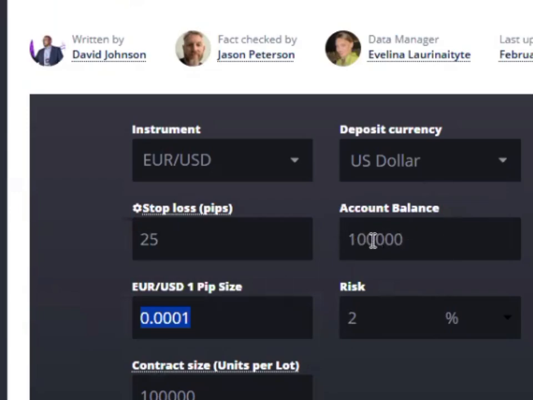Then you put your account balance here depending on the amount of money. Then you put the amount of risk you are going to be risking here, 2%. At least 2%, and if it's $1,000, 1% is okay.